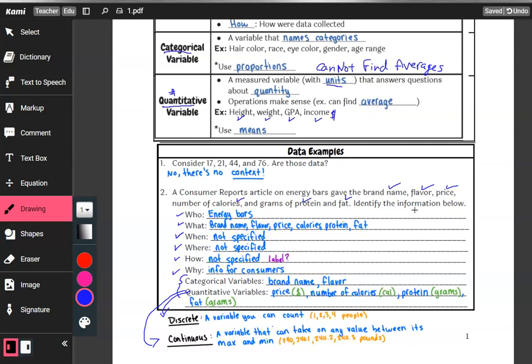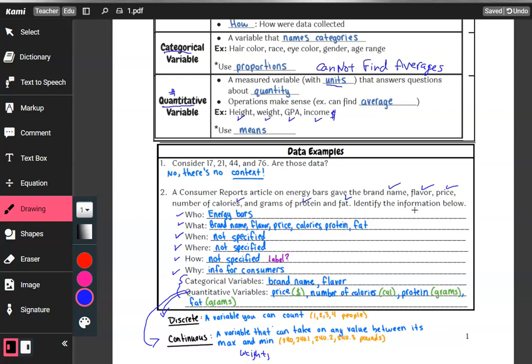There are also continuous variables, such as a variable that can take on any value between its max and min. So for example, weight, the weight in pounds, you could always find a value more specific.